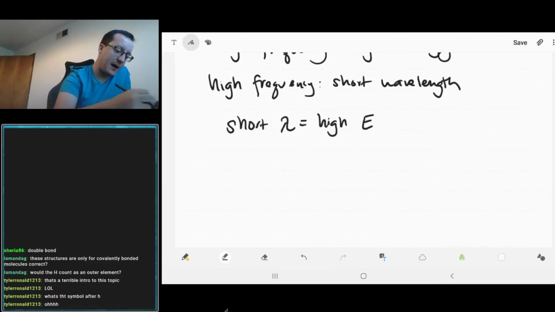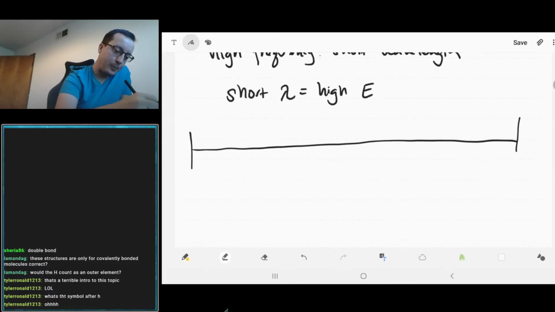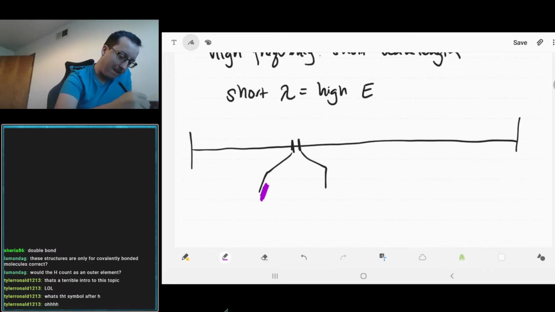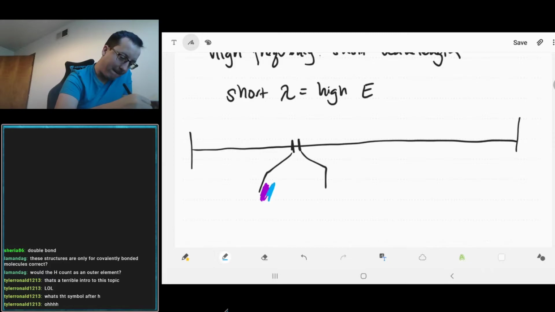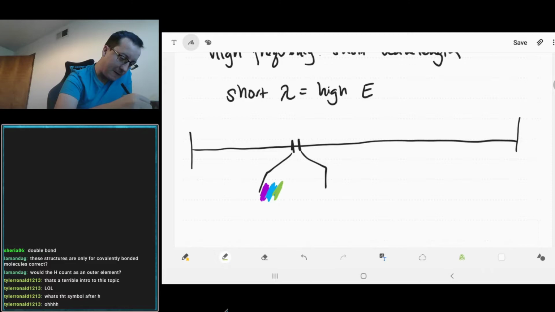We're going to see that we have a whole spectrum of light. And let's say right here, just going to expand this. I'm going to draw you guys a rainbow. Green is next, yes.